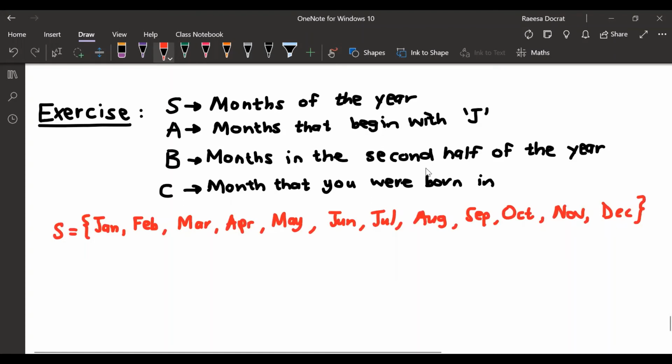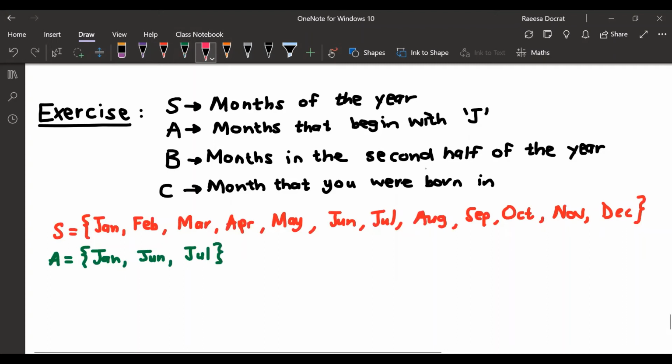There are 12 months. So that's our sample space. A are the months that begin with J. Which months are those? It's January, June, and July.